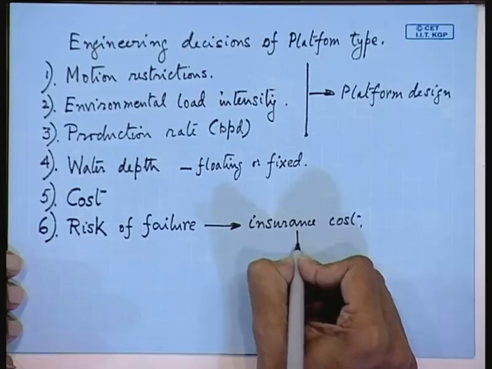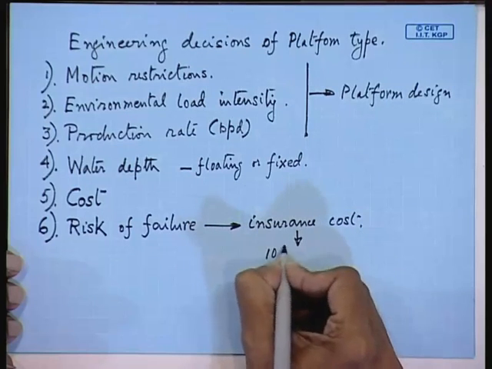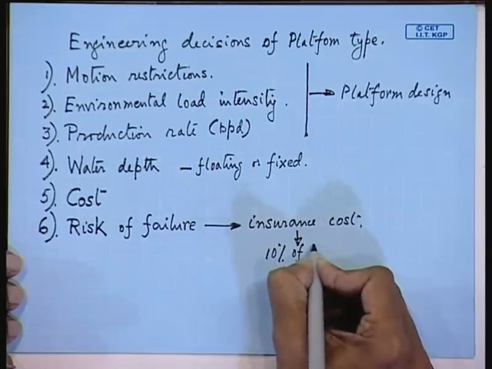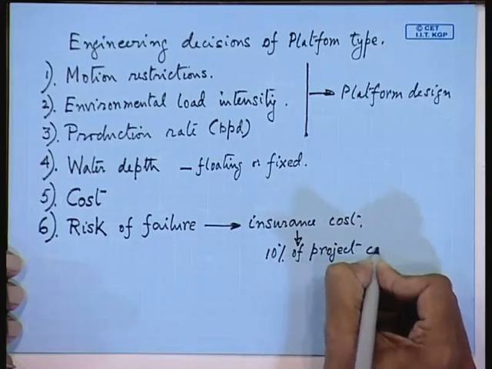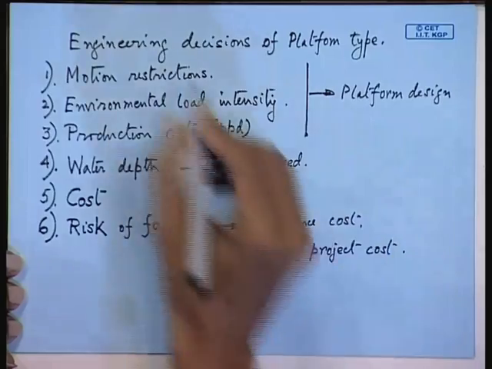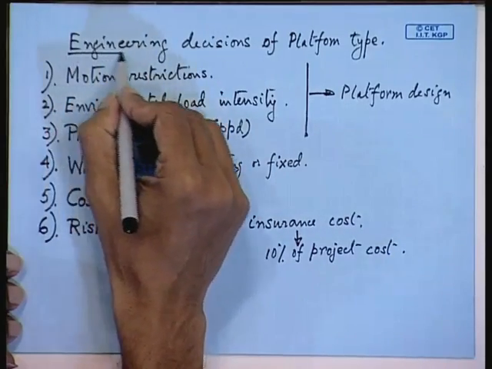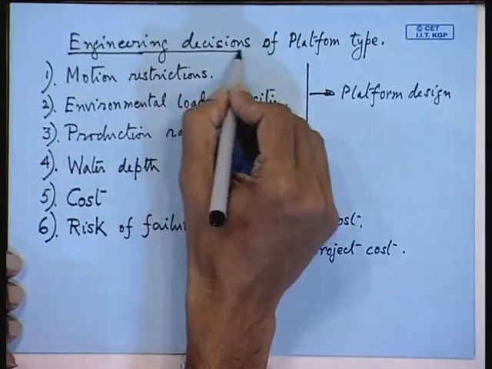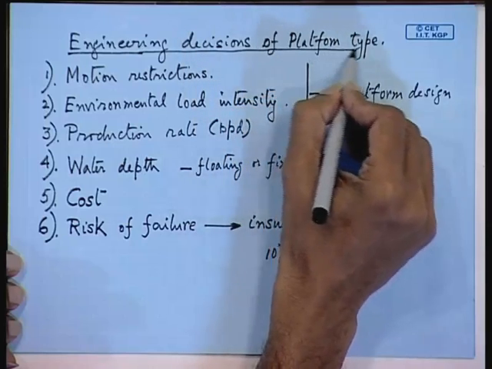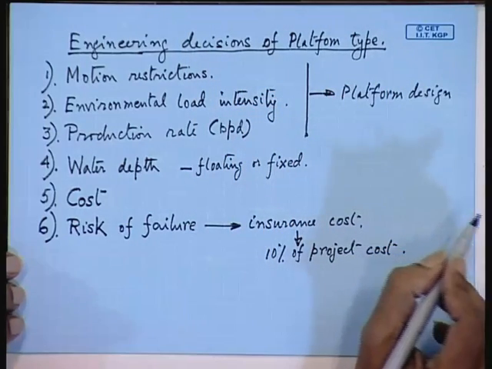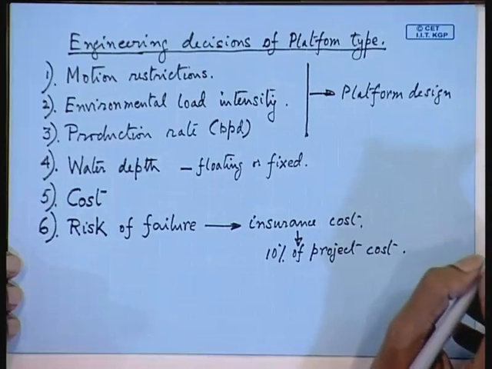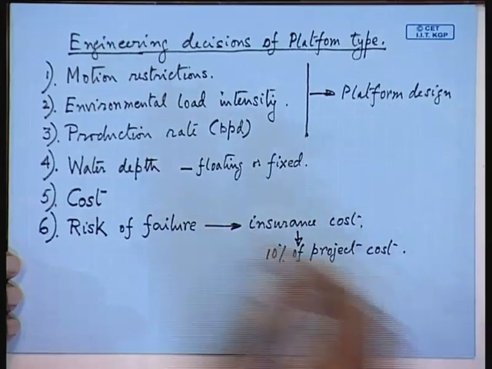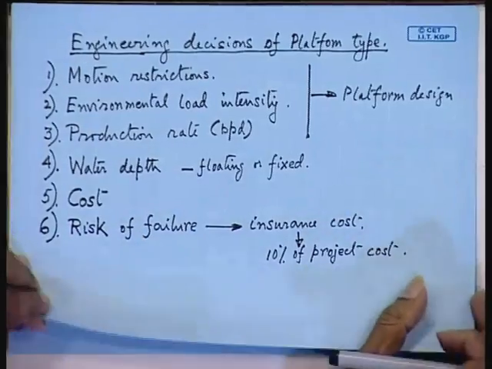Insurance cost can go as high as 10% of project cost. So, these are the major decisions you have to take if you are a platform designer. So, a lot of technology, cost and risk are to be taken into account. So, there are 6 parameters which will come.